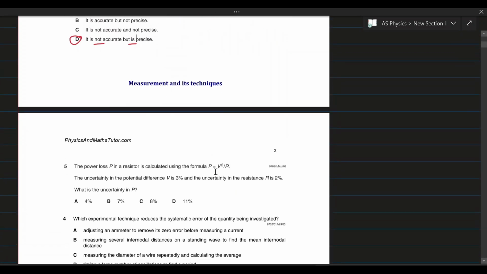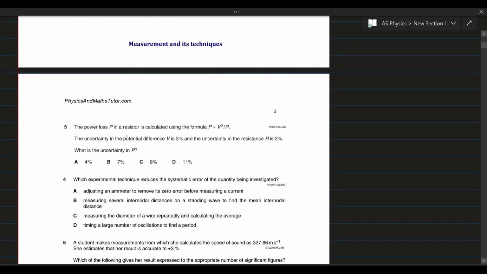Then moving on to our next MCQ: the power loss P in a resistor is calculated using the formula. The uncertainty of V is 3%, the uncertainty of R is 2%. What is the uncertainty in P?